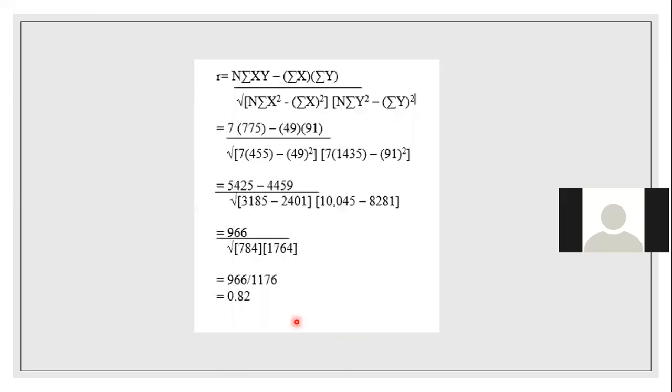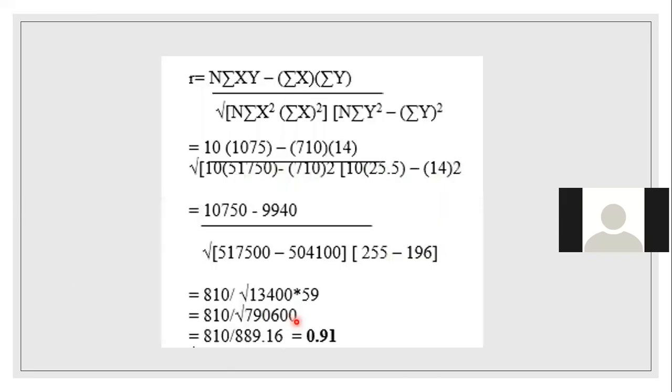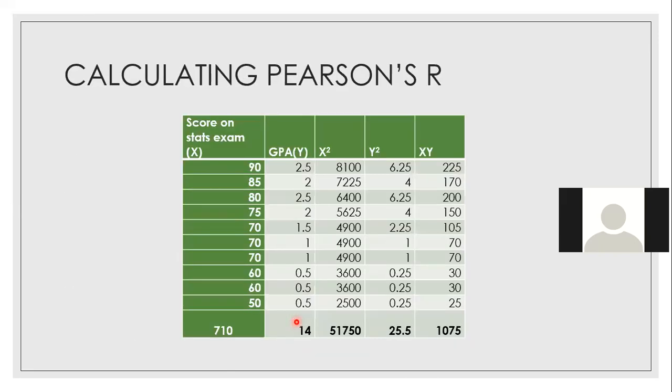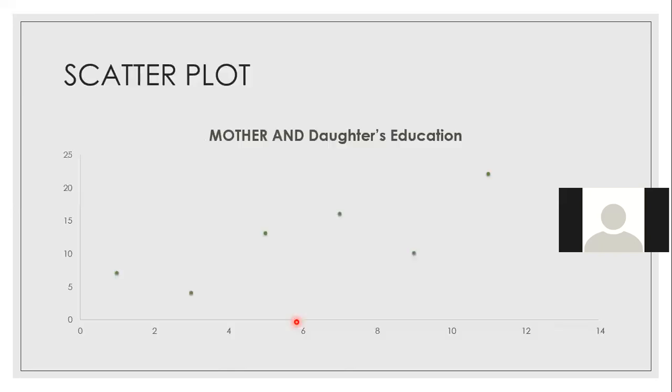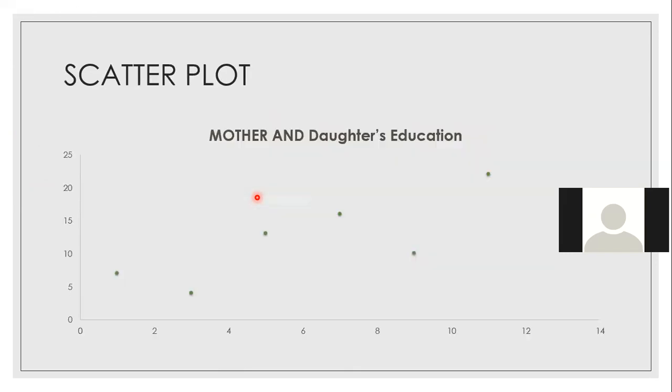And so this is not a hypothesis testing topic. It's just a topic that looks at measures of association between variables. In this case, the two variables we're interested in are mother's education and daughter's education. And from what we're seeing from this data set, there's a very strong positive relationship between these two variables.